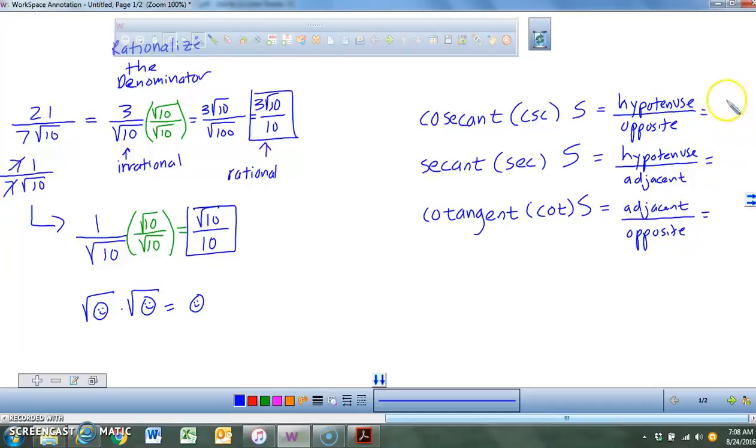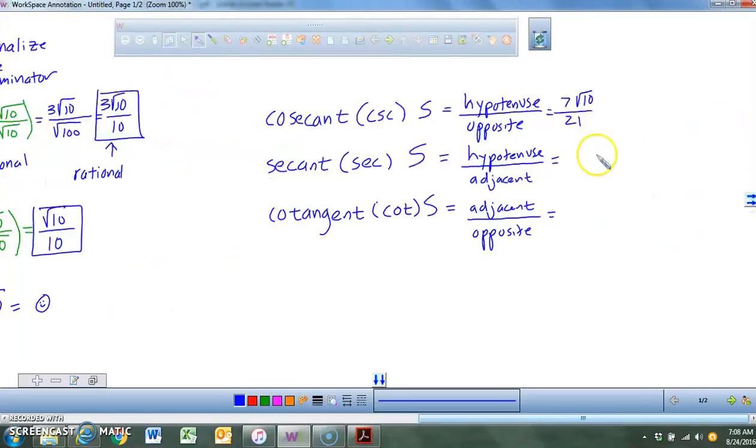Our hypotenuse was what? It was 7 radical 10. Our opposite side was 21. Okay? Our hypotenuse still, once again, is 7 radical 10. And our adjacent side in this problem was a 7. And our adjacent side was a 7, and our opposite side was a 21.